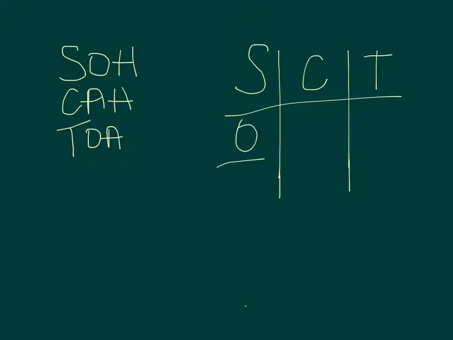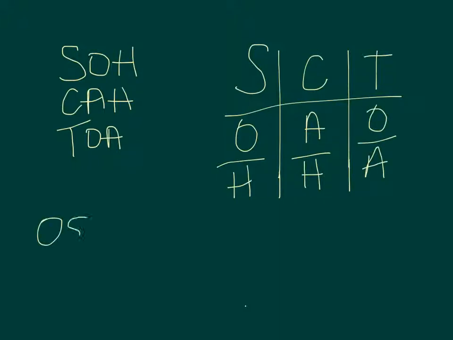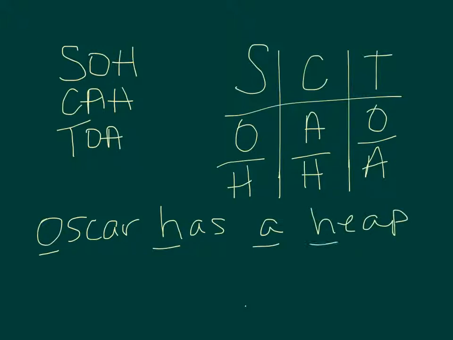And then I say Oscar has a heap of apples, a mnemonic device you can use. Whatever you want to do that helps you know the order that they go in, you can use. So, SOHCAHTOA is a really popular one, so is OAH, or Oscar has a heap of apples.